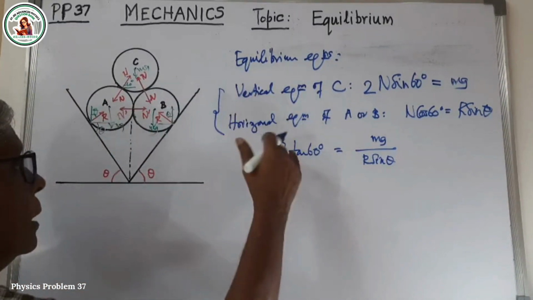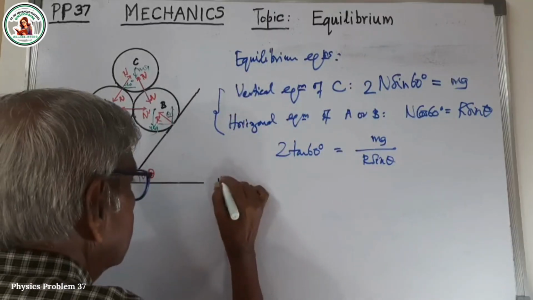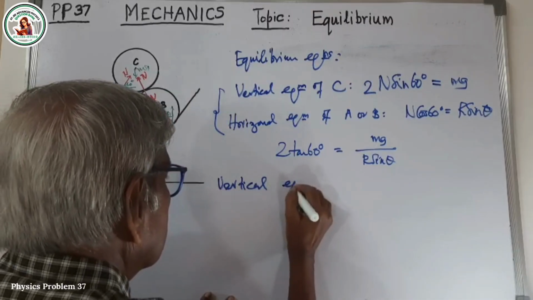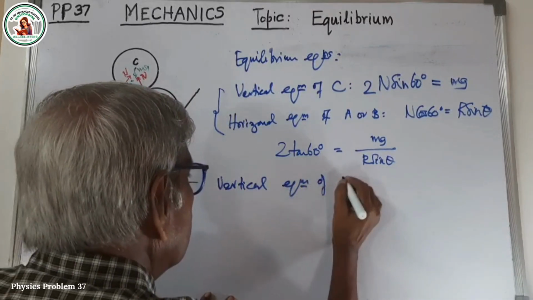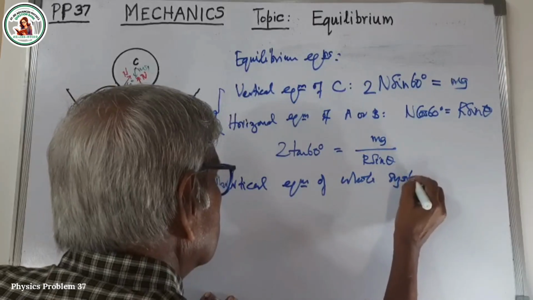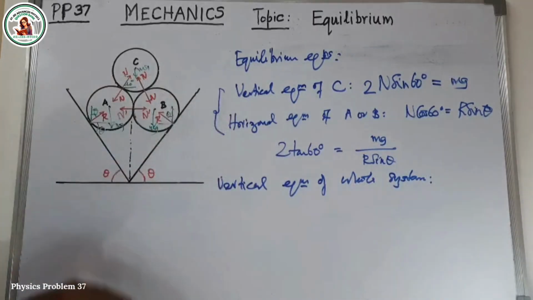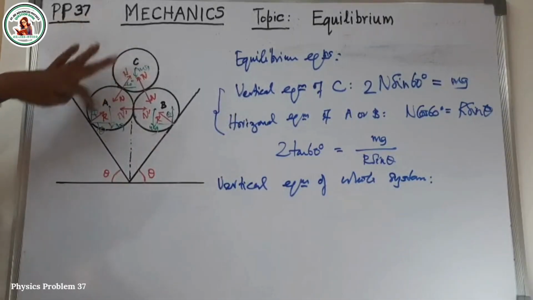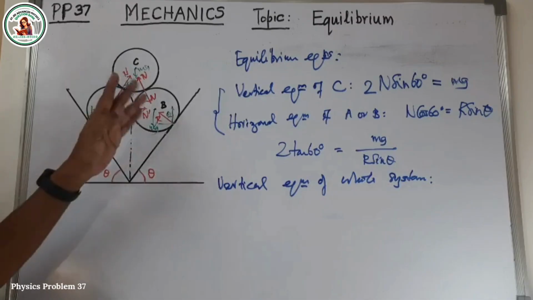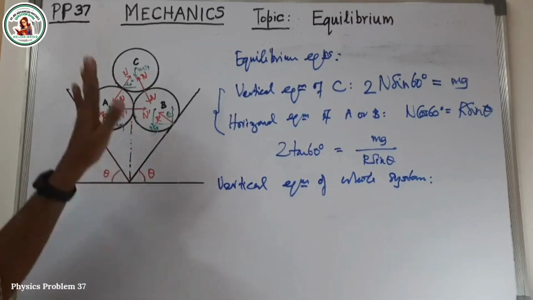Now, vertical equilibrium of the whole system. For this, N is an internal force, because it is equal and opposite on both. Only the external forces will maintain the vertical equilibrium.